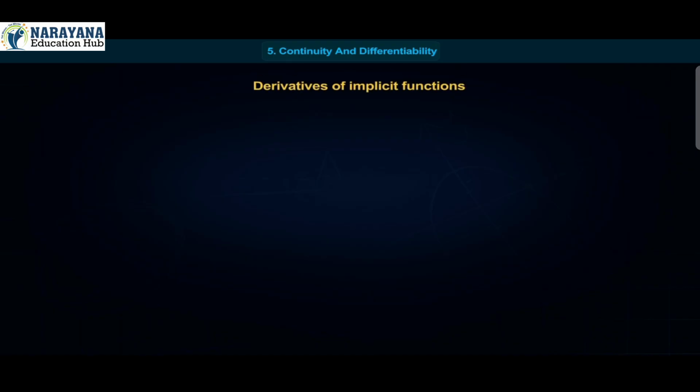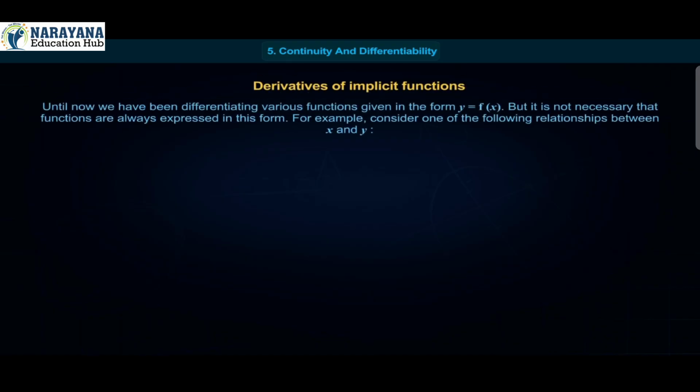Derivatives of implicit functions. Until now, we have been differentiating various functions given in the form y is equal to f of x. But it is not necessary that functions are always expressed in this form. For example, consider one of the following relationships between x and y: x minus y minus pi is equal to 0, and x plus sin xy minus y is equal to 0.